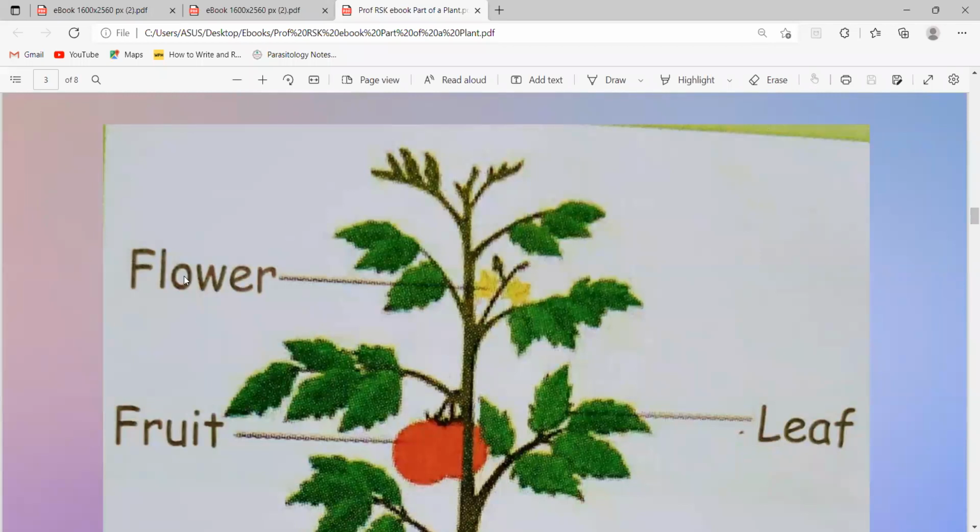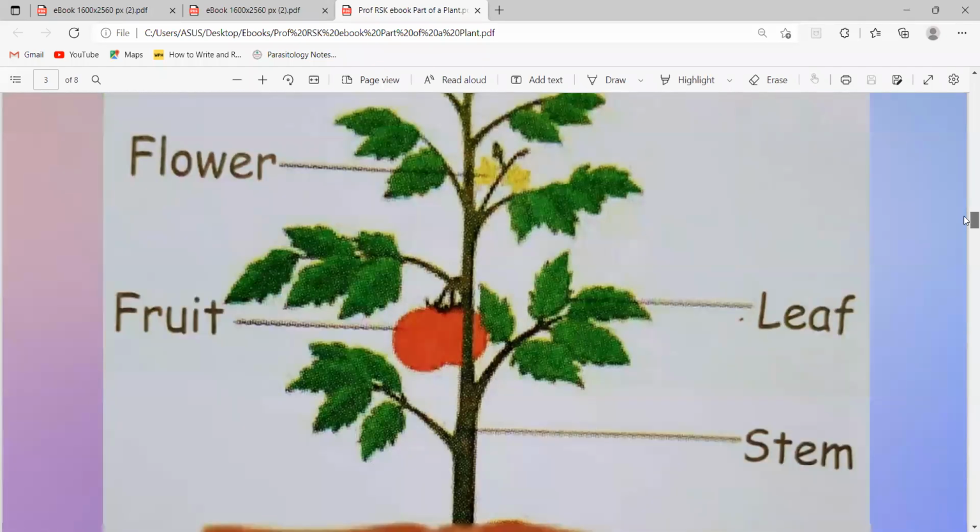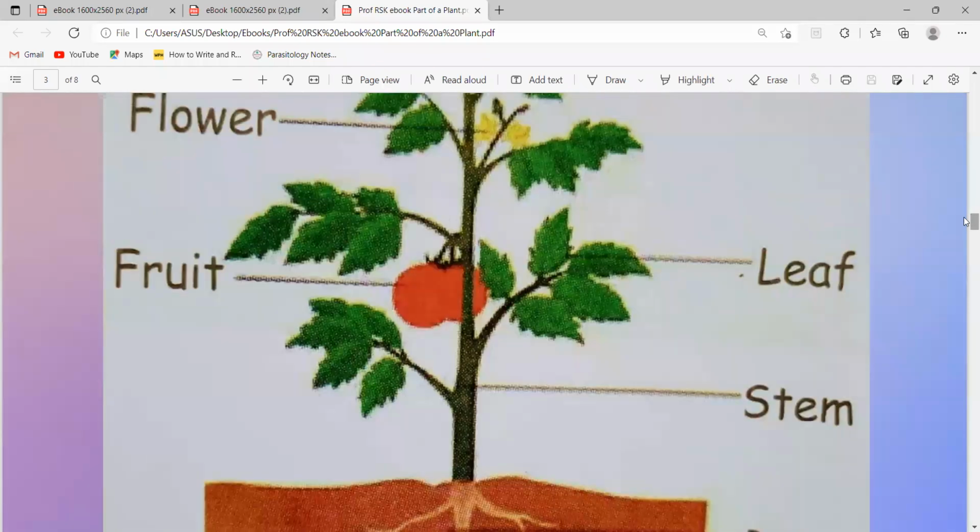After you have pointed the flowers, the fruits, and the leaves, kindly draw your plants and indicate the stems or the stem, the leaves or the leaf. So if it is more than one, you can say leaves, plural.